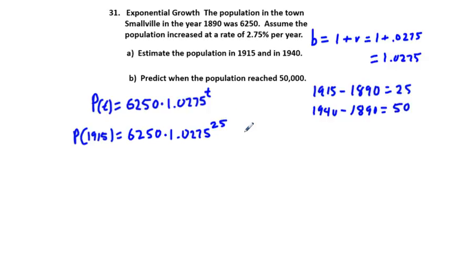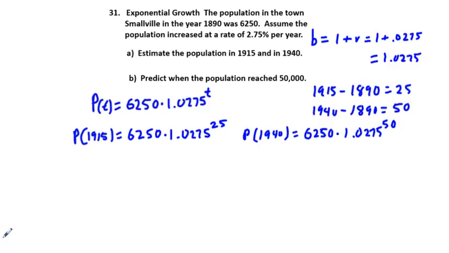And also, P, the population in the year 1940, is going to be equal to 6250 times 1.0275 to the power of 50.